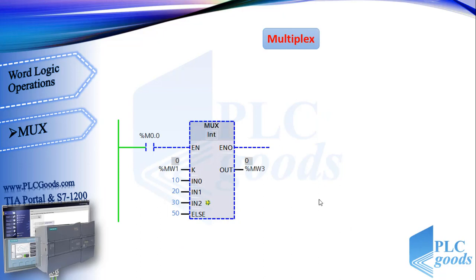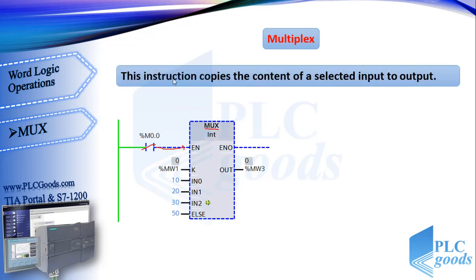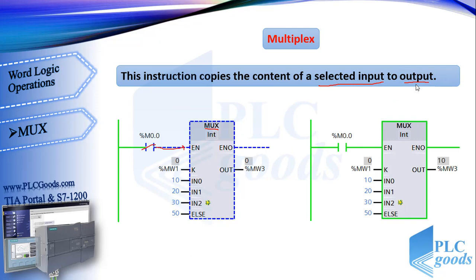The next instruction is multiplex. If we activate this instruction, it copies the content of a selected input to output. Actually it's like the select operation, but here, the desired input is selected by a number at its k parameter. Here, its value is 0, so the first value at in0, which is 10, is copied to the output.